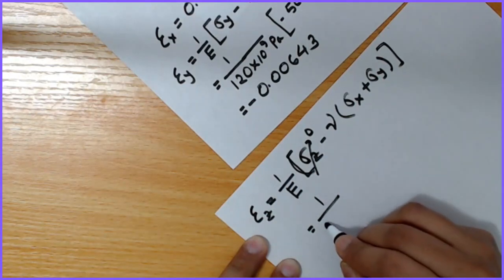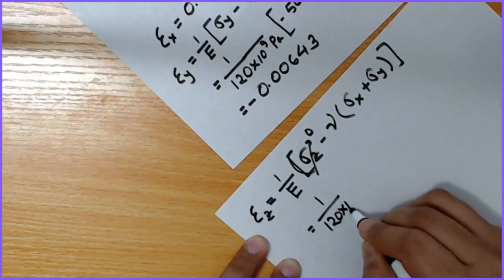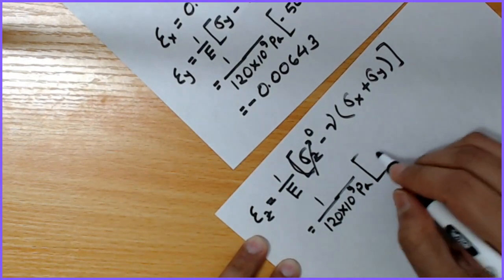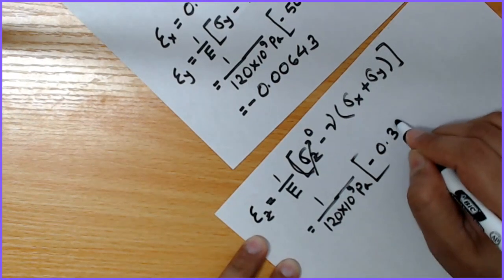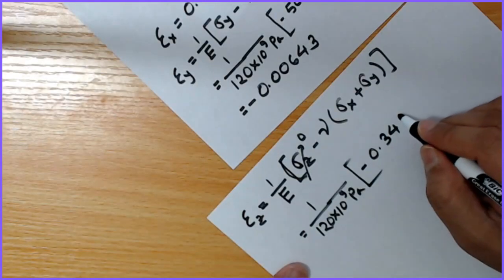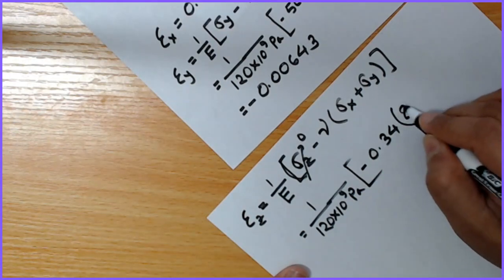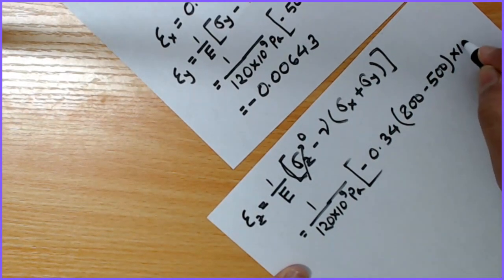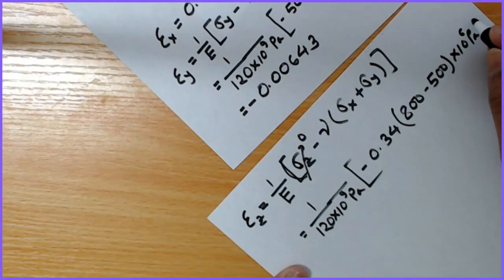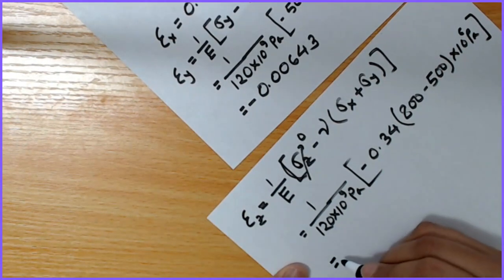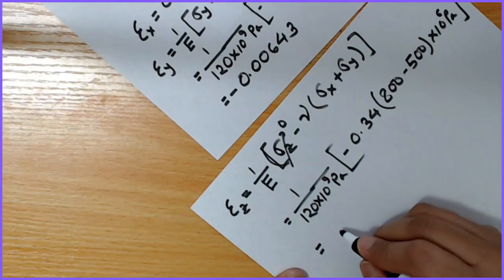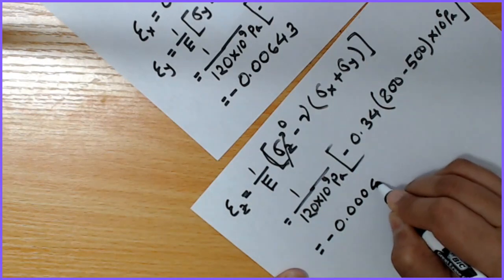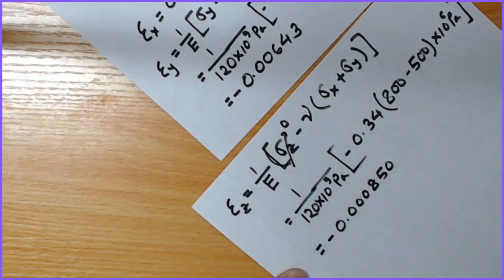We can write 1 by 120 10 to the power 9 Pascal and minus 0.34, and sigma x equal to 800 minus 500 megapascal, 10 to the power 6 Pascal. So if I calculate this correctly, this is even smaller, 0.000850.